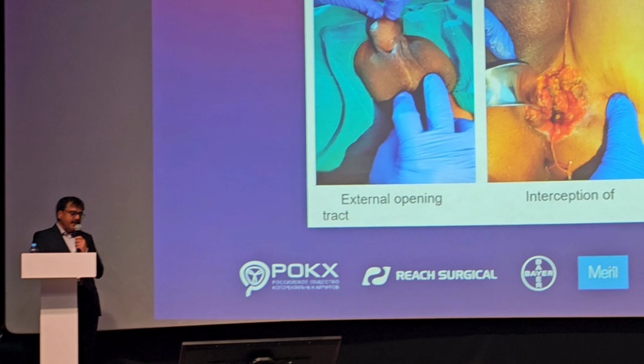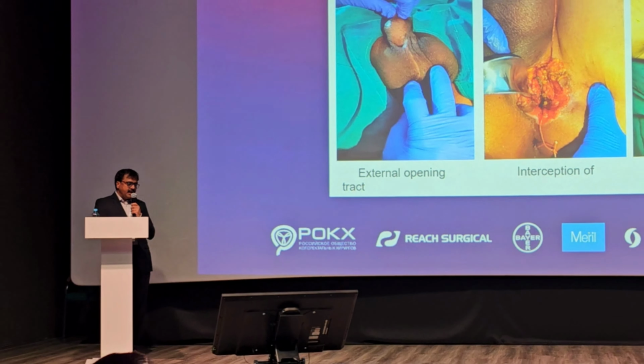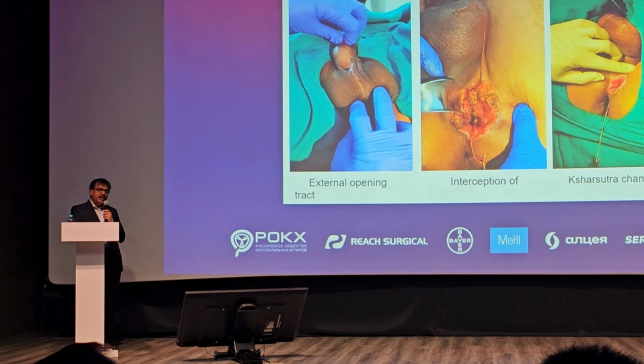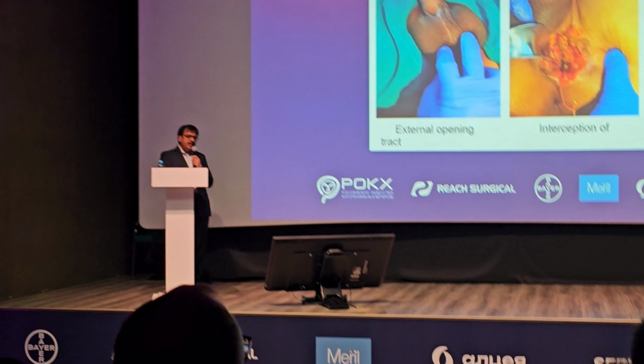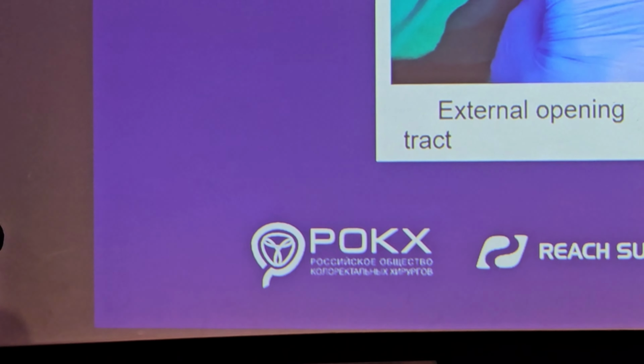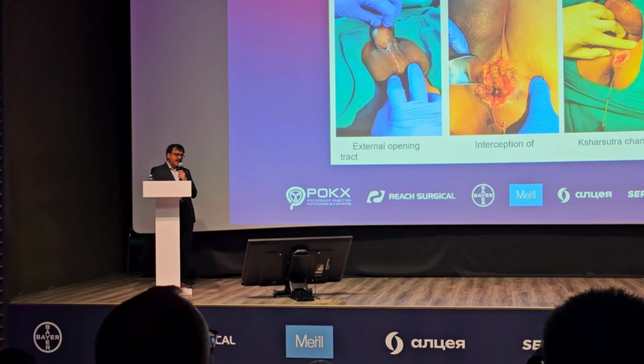So what we did here, we made an incision in between the scrotum near the perineal body and anal canal, and we intercepted the tract and made two different tracts. We put one Ksharasutra in the proximal tract and one Ksharasutra in the distal tract.